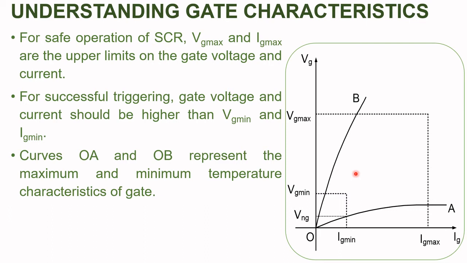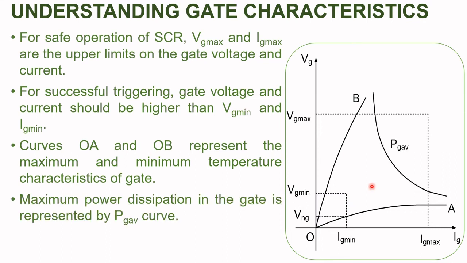At the same time, the voltage and currents should be higher than the Vg minimum and Ig minimum lines. The maximum power dissipation inside the gate is represented by the PG average curve as shown in the figure.